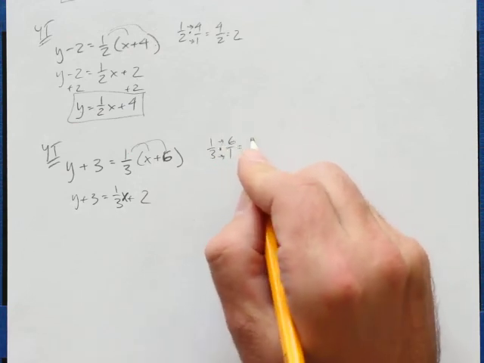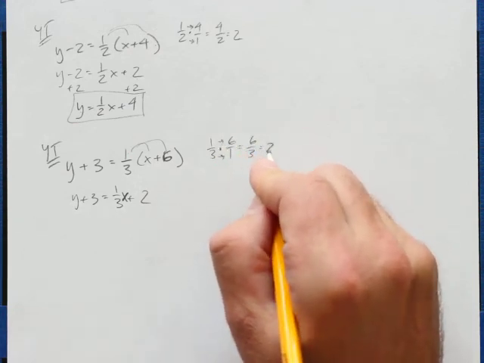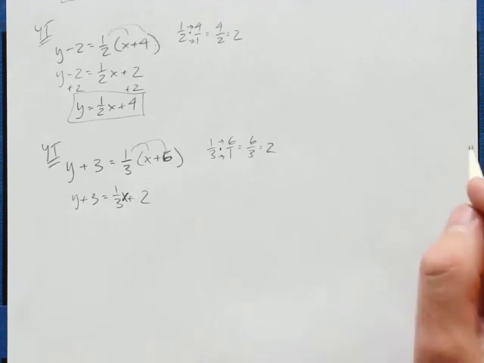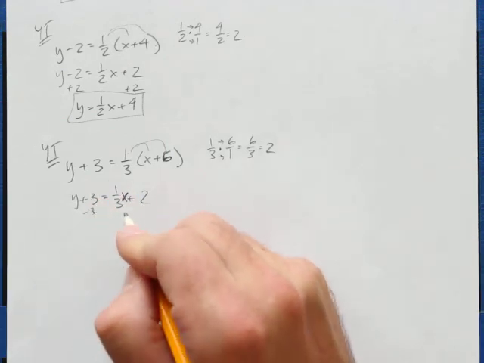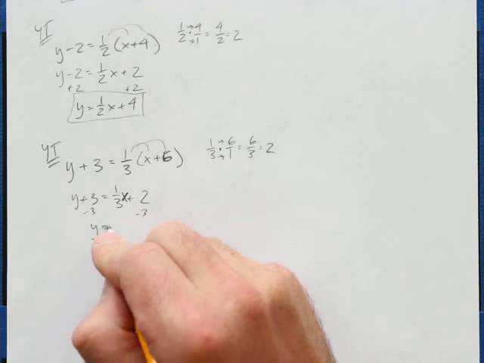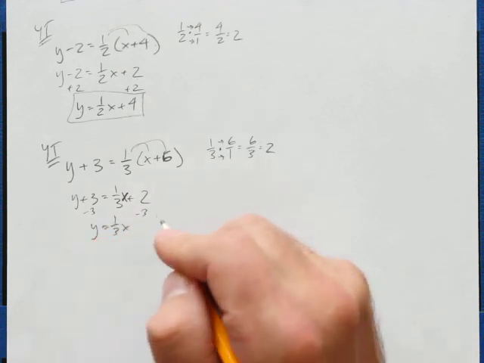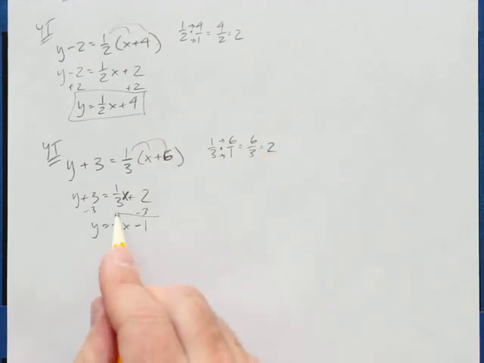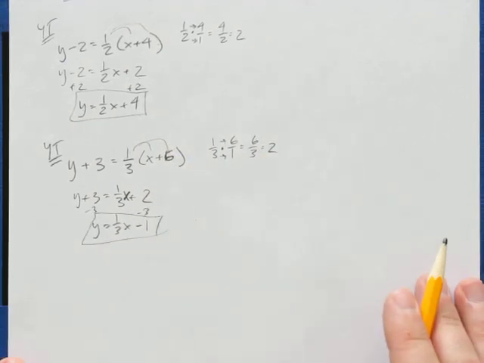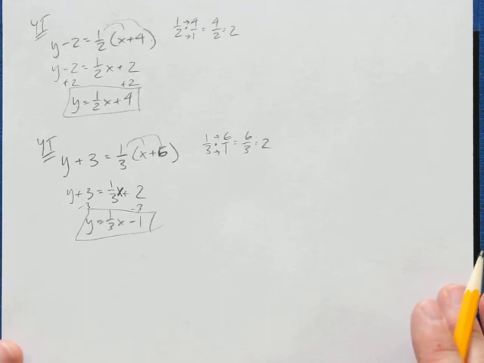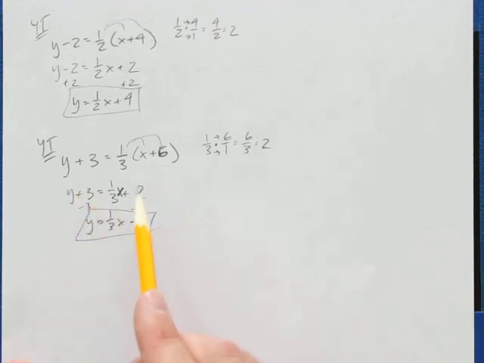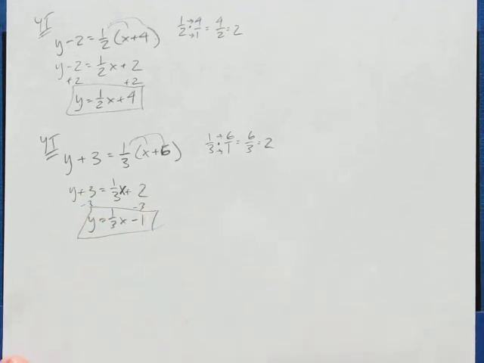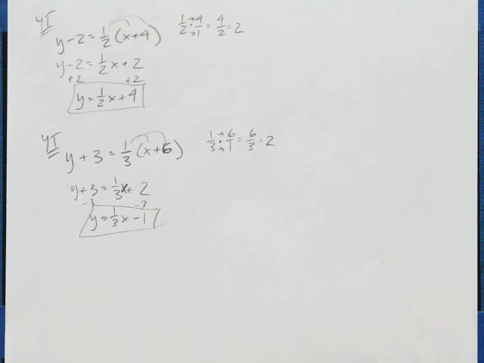I multiply straight across. I get 6 over 3, which is 2. 6 divided by 3 is 2. Subtract 3 from each side. Y equals 1/3 x. 2 minus 3 is -1. And I have done what they have asked me to do. Point slope to slope intercept. And that is the end of 4-3.